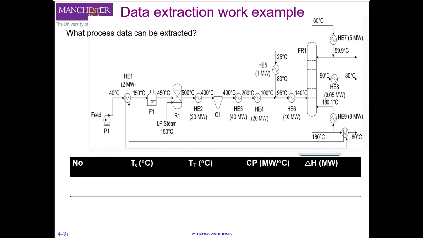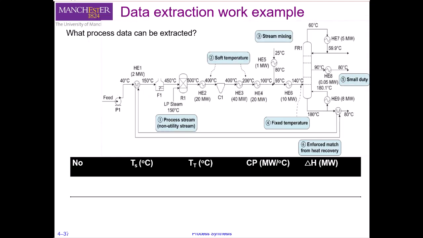We can make use of the guidelines for data extraction, and this is an overview of the guidelines we just discussed. The first guideline is that we have to extract the data for process streams and non-utility streams. Here steam is actually a non-utility stream because it is being used to enhance the shift reaction.